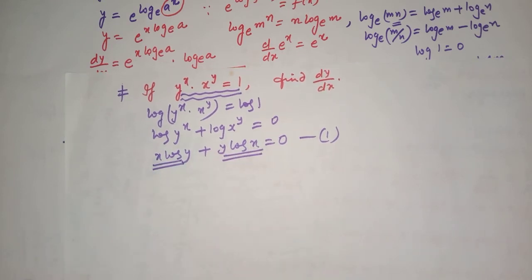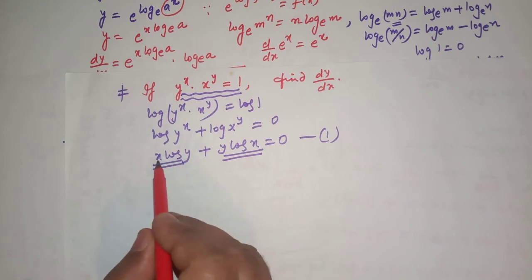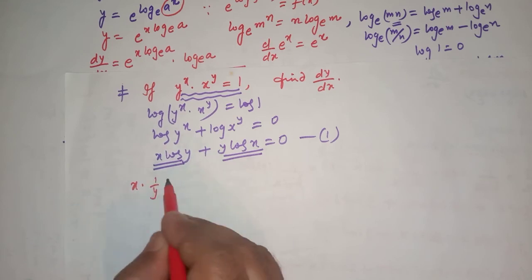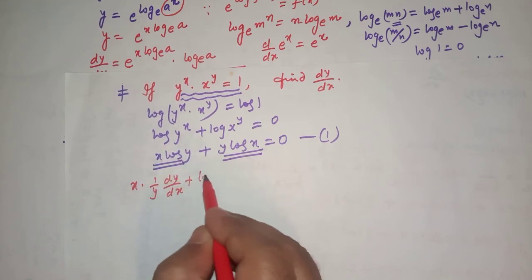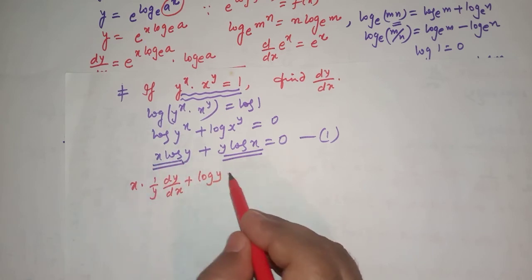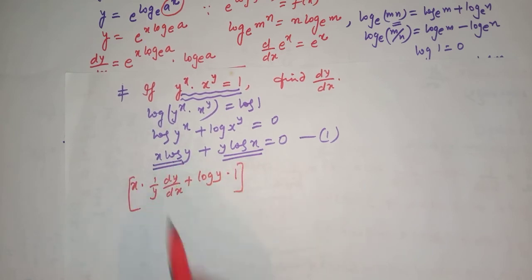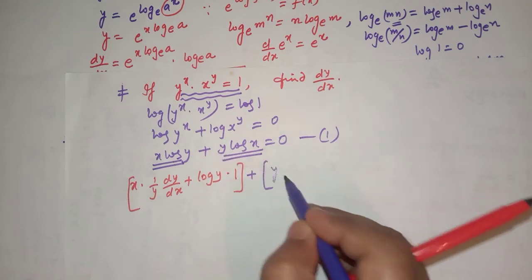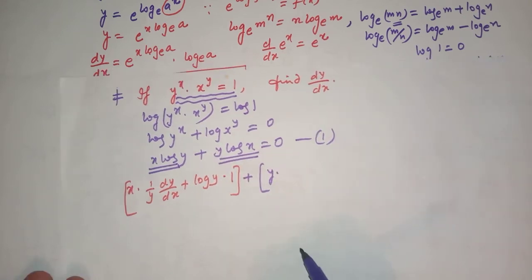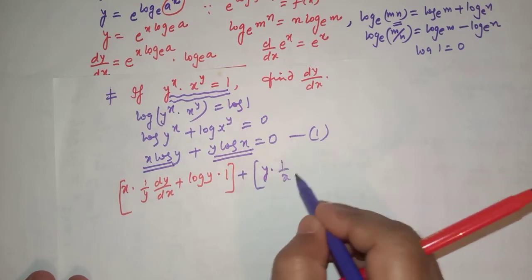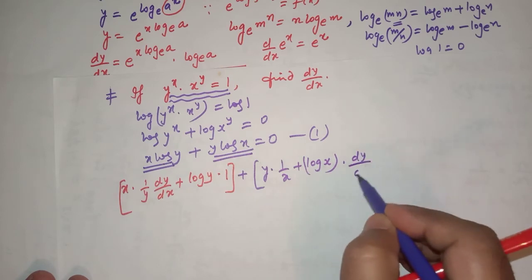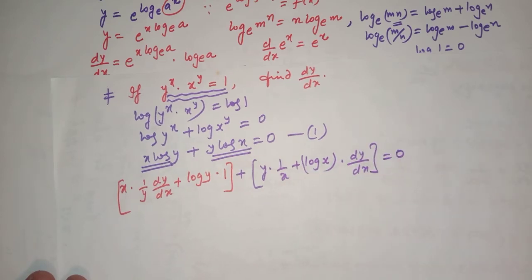So let us apply the product rule in this function. So this is x, derivative of log y is 1 over y dy over dx, plus log y, and the derivative of x is 1. So that is the term corresponding to this one. Now plus, for this term we have first function y, derivative of log x is 1 over x, then we have log x multiplied by the derivative of y, clear, equal to 0.